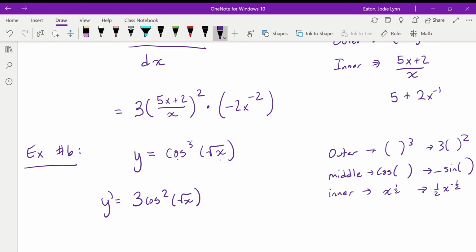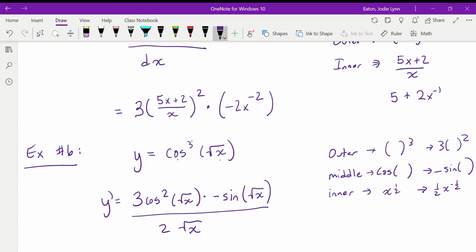So 3 cosine squared radical x times minus sine of radical x times our inner derivative, which is 1/2 x to the minus 1/2. So this is all going to be divided by 2 radical x, which is the same as 1/2 x to the minus 1/2.